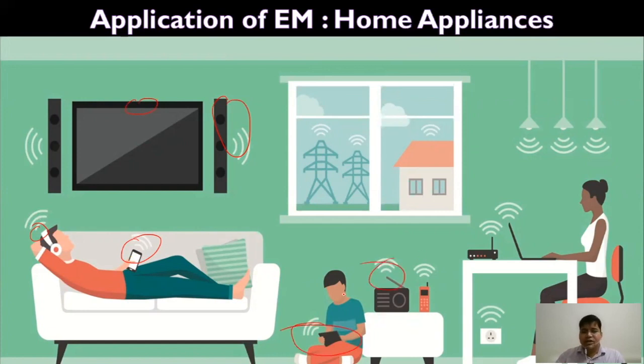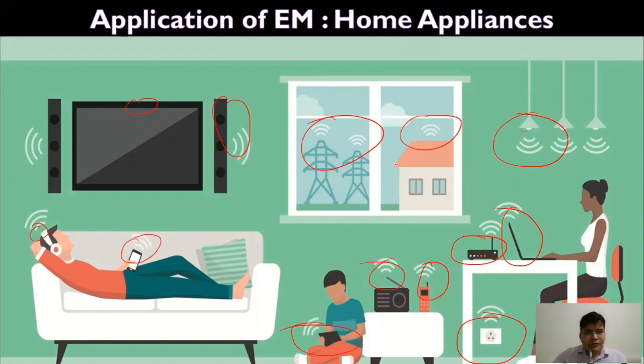The Wi-Fi router and laptop are connected. Lights also radiate some lower frequency EM signals, and your socket also radiates some EM signals. By the window, you can see mobile towers, and other signals are also coming from outside. So these are the home appliances.